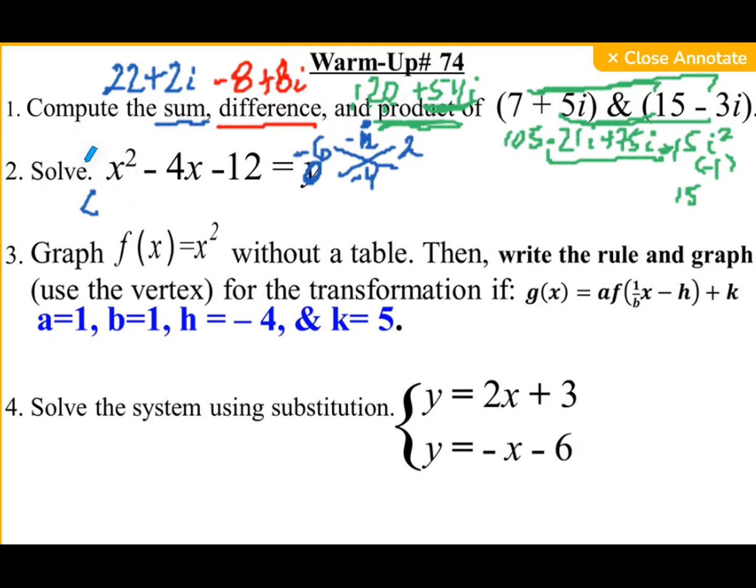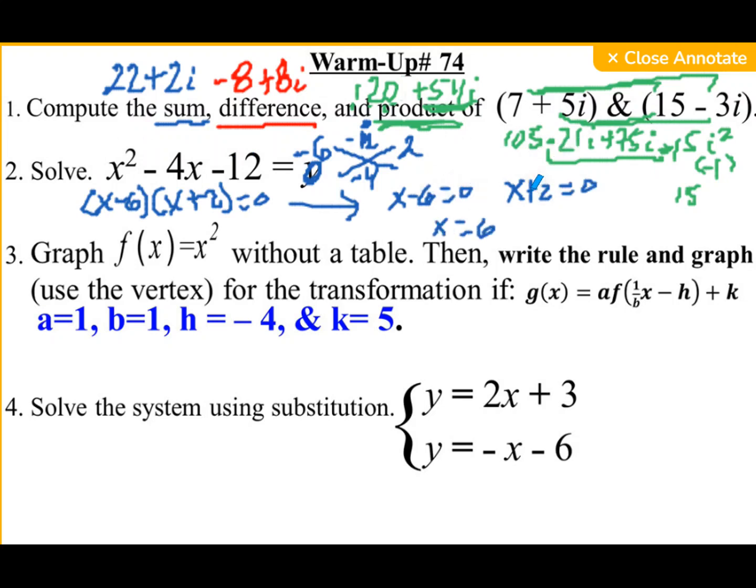So my factors are x minus 6 and x plus 2, all equal to 0. Then to solve, we set each one equal to 0: x minus 6 equals 0, x plus 2 equals 0, so x equals 6, x equals negative 2. Hands if you got that by yourself? Yeah, some of us? Okay, good.